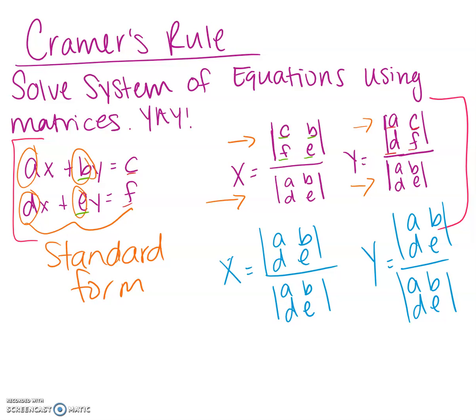So since we're finding x, we want to remove the x coefficients here, because we don't want the x's in there. So what we're going to replace them with is the solution to the equation. So instead of A and D, we want to replace them with the values of C and F.